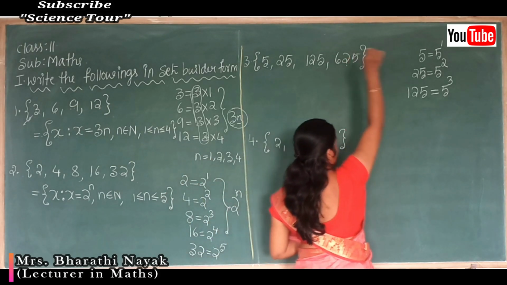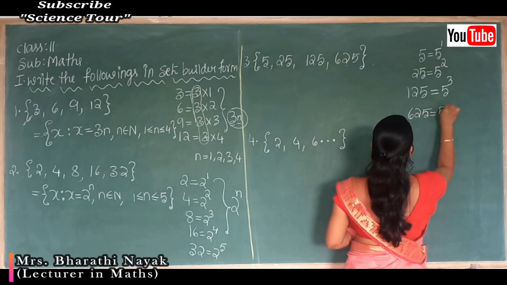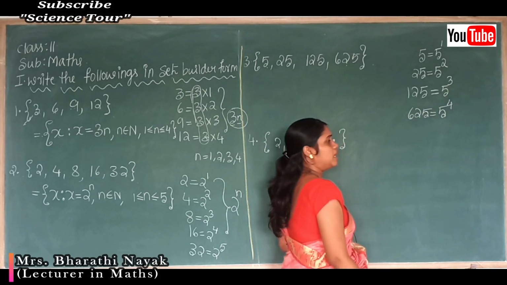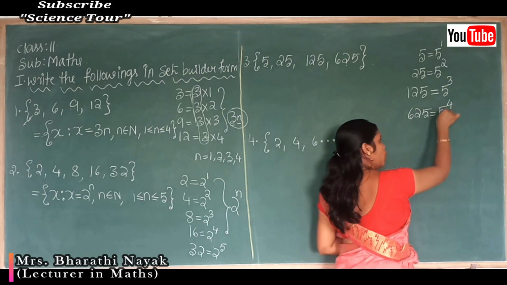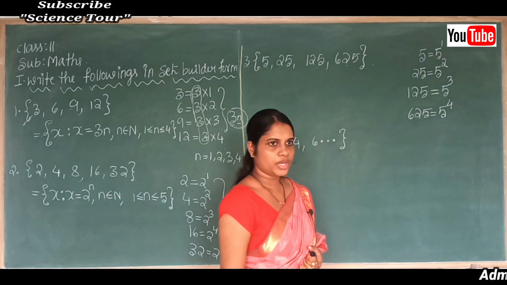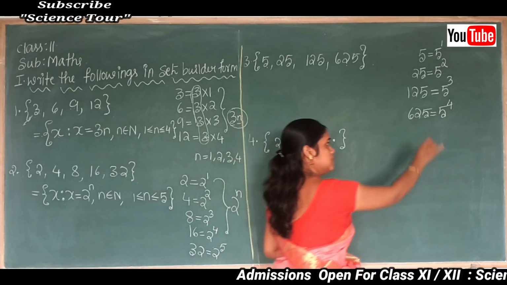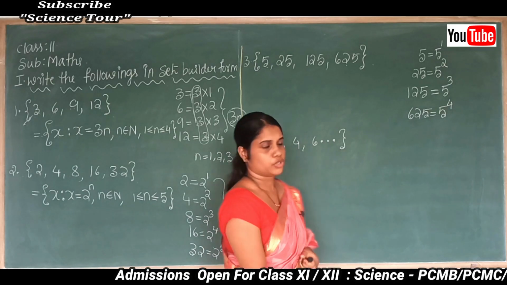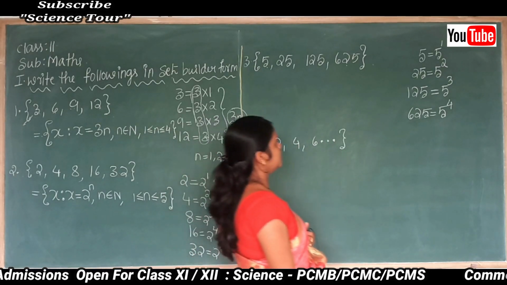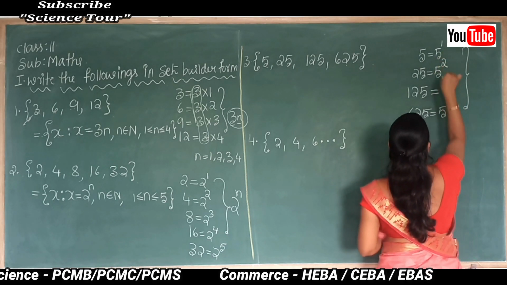Next, 625 equals 5 to the power 4. If you multiply 5 four times, you will get 625. If you want, you can check. So again the same concept here. The value of base is the same.